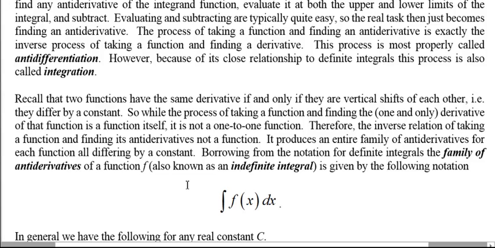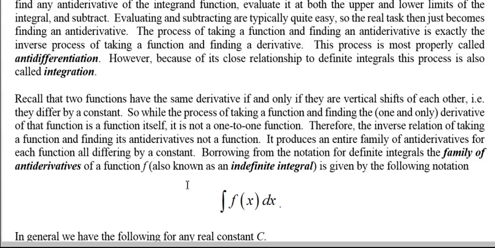So while the process of taking a function and finding the one and only derivative of that function is itself a function, that process is not a one-to-one function. So the inverse relation of taking a function and finding its antiderivatives, plural, is not a function. It produces an entire family of antiderivatives for each function, all differing by a constant.